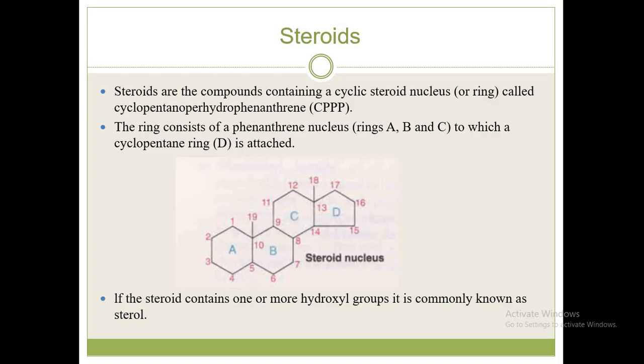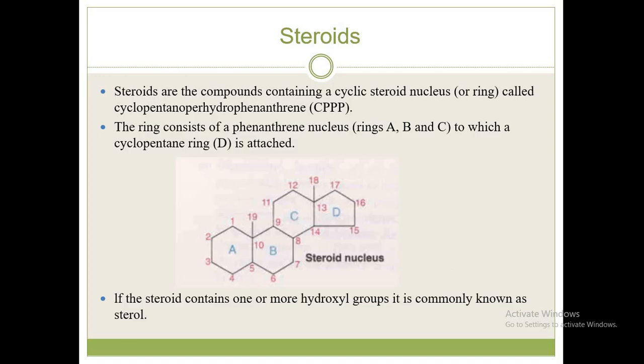These steroids are made up of a ring structure. This ring structure forms what we call a steroid nucleus, cyclopentanoperhydrophenanthrene. So you have the phenanthrene nucleus.